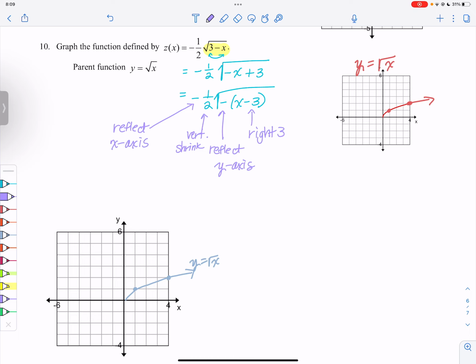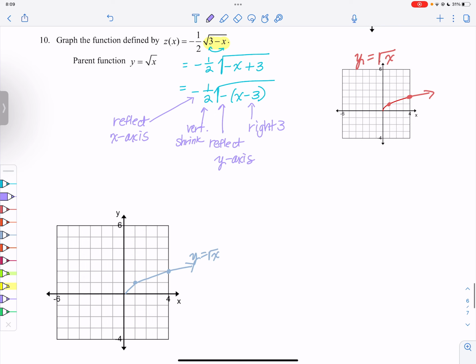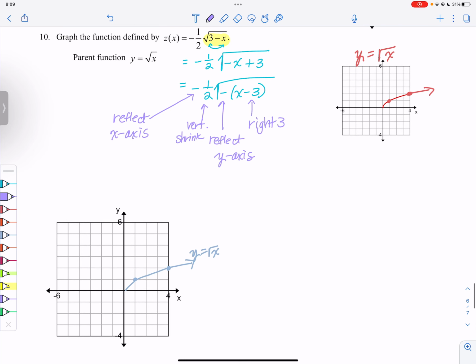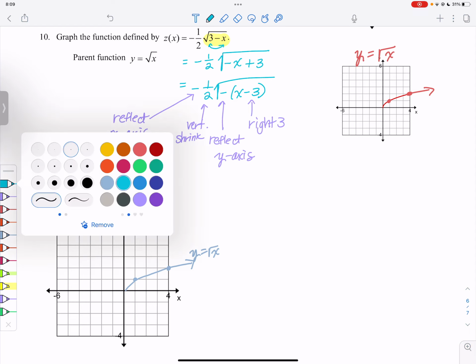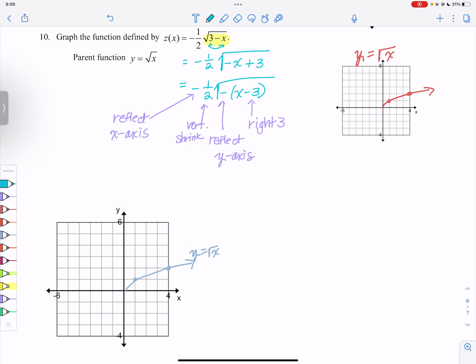Okay, so when we do these in order, if you took each one of those points one at a time, you would come up with, and you could do that with each one of these points, but the expectation is not going to be there for these. You will just have your calculator there for these more complicated ones, and you can just go ahead and kind of get them on the graph.